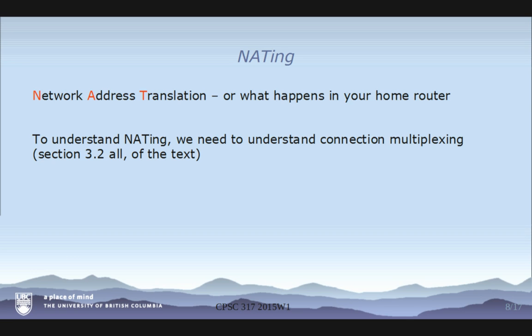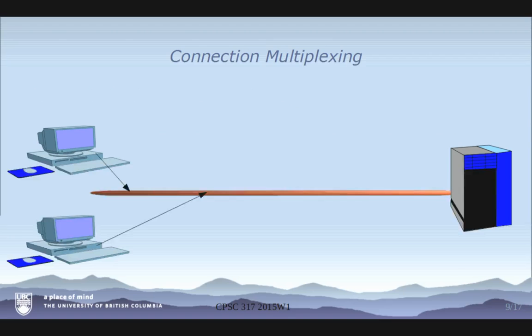And here's sort of the picture of connection multiplexing. We have on the right-hand side a computer. Let's say on that computer is running a web server. And we have connected to it a wire, so that orangey thing there is the wire. And you're out there on your computer, and you're going to connect to that web server.